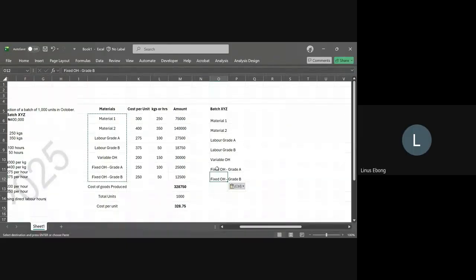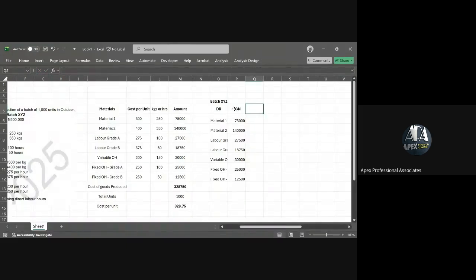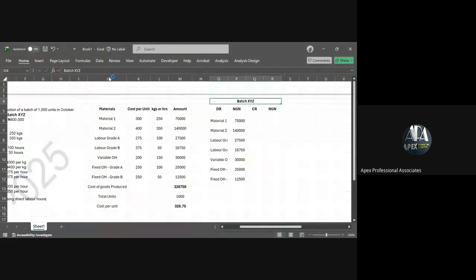Yes, sir, I'm following. These are the costs of these materials, right? This is the debit side. Now, this is the credit side. I'm going to put it in a more final shape so you will understand better now.